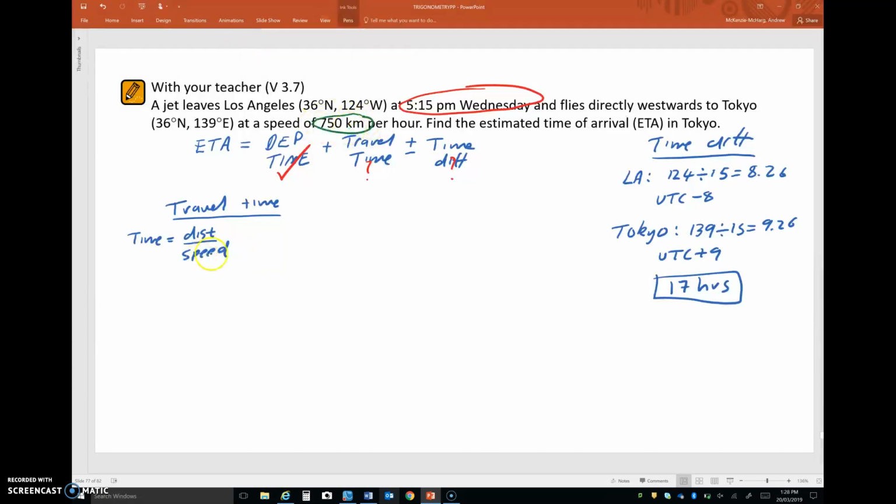Alright, so we've got that bit there, but we need to figure out the distance. So we're going to use the two positions to try that. Now you might want to pause at this stage and see if you can find the distance travelling directly westwards from LA to Tokyo. Then I'll have a go at it. Okay, I'll try it now.